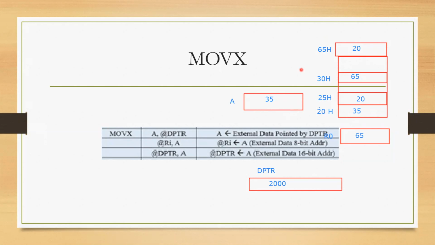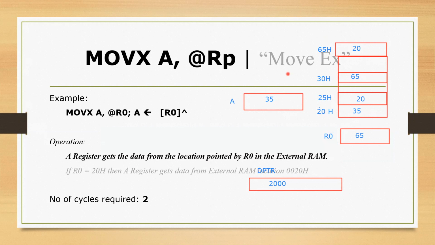So the MOVX instruction is used for transferring data between the external RAM and the accumulator register. The only register included in the MOVX instruction is the accumulator register.